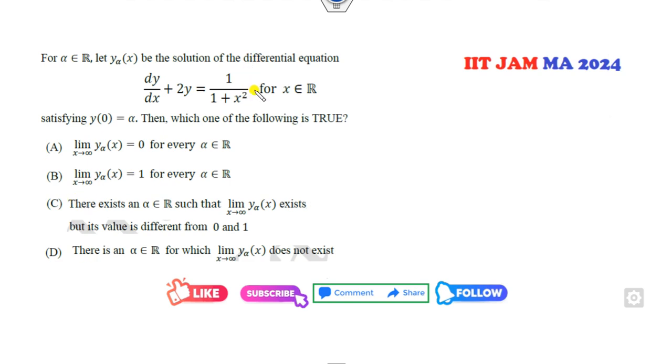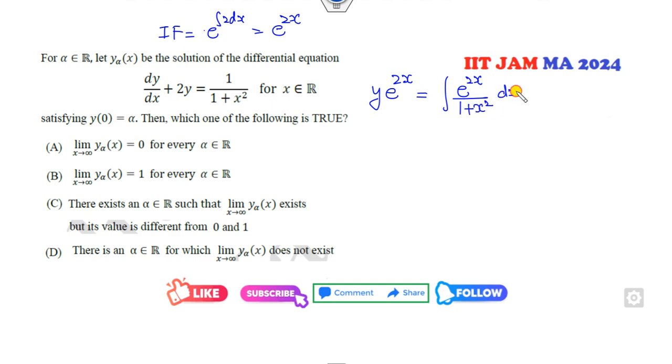Okay, look at this one. Again, it's a linear equation. So the integrating factor will be e raised to power integral of 2 dx, that means e raised to power 2x. The solution will be e raised to power 2x times the integration of 2x divided by 1 plus x square into dx. Y of 0 is alpha.